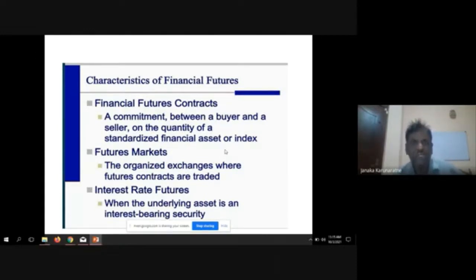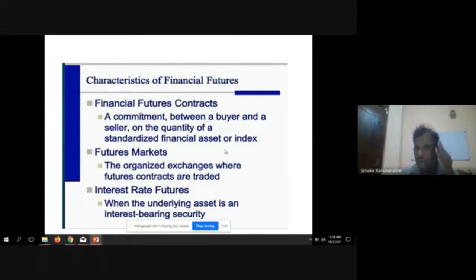So let's move on to the financial futures contract. Now, what is a futures contract? It is a commitment between a buyer and a seller on a quantity of a standardized financial asset or index.